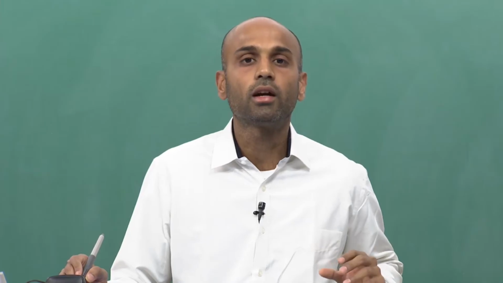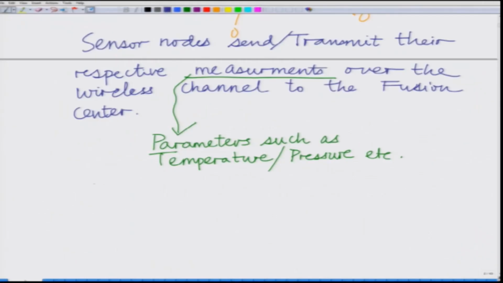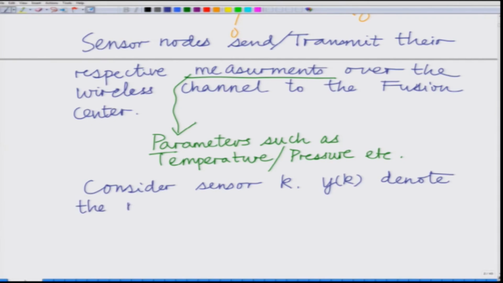Now, we want to start by considering a single sensor. Let us start by considering the kth sensor. Consider sensor k. Let us model the measurement at sensor k. Let Yk denote the measurement at sensor k.